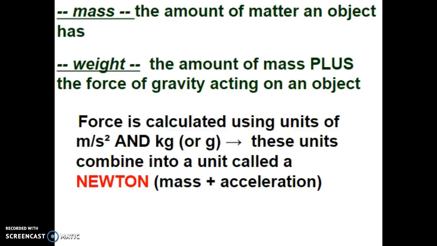We use the unit of a Newton to calculate weight. So force is calculated using units of meters per second squared and kilograms or grams. So these units combine to form a mass and acceleration unit that we call a Newton.